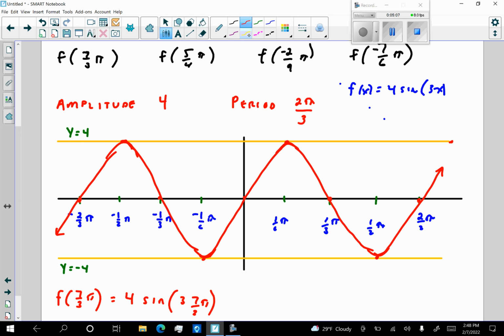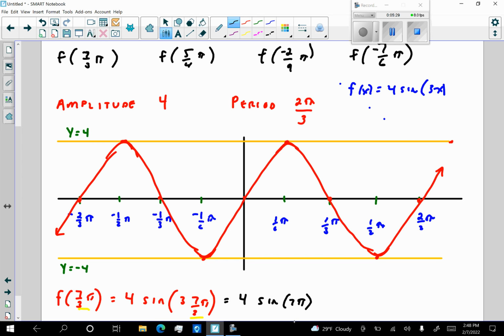And what's 3 times 7/3? 3 times 7/3 is 7. So this is going to be the same as 4 times sine of 7 pi.